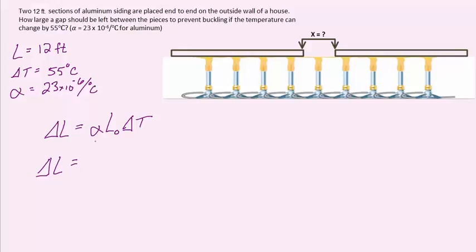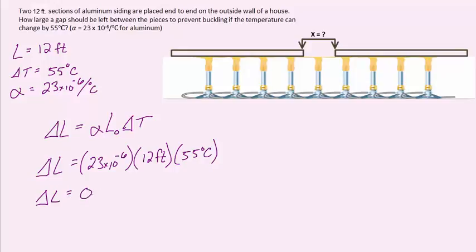If we plug in our coefficient of linear expansion, which is 23 times 10 to the negative 6, multiplied by our original length of 12 feet, then multiplied by our change in temperature of 55 degrees Celsius, we see that our change in length is equal to 0.015 feet, which we can then convert into inches.